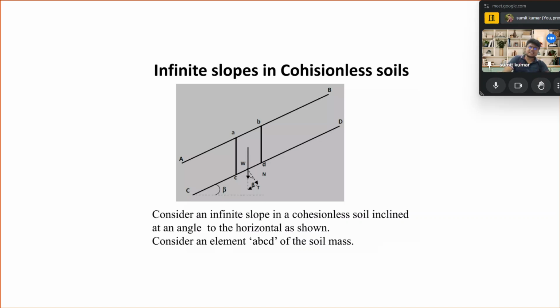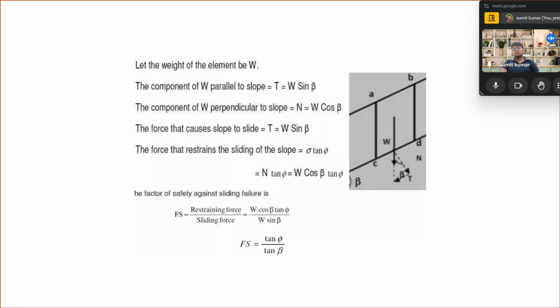Now, consider the case in which the weight of the element is W, and the component of W parallel to the slope is W sine beta.